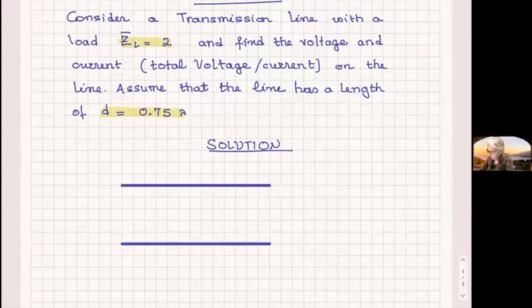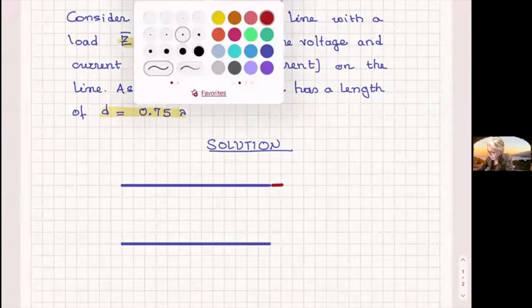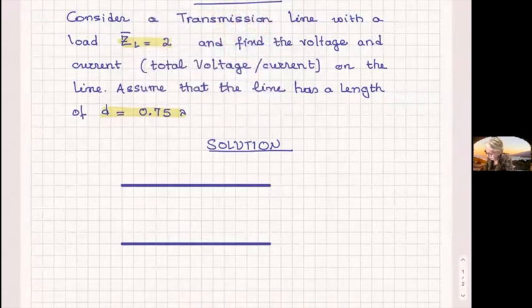Okay, so what I have here is a load at the end. I have a load at the end, ZL equals 2.